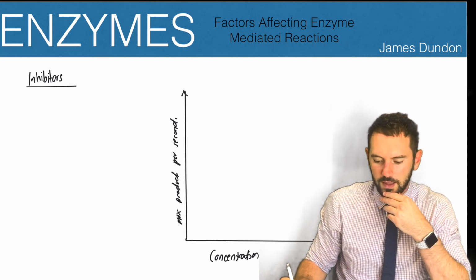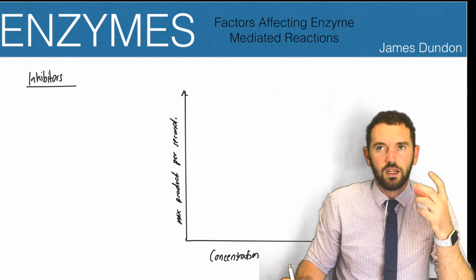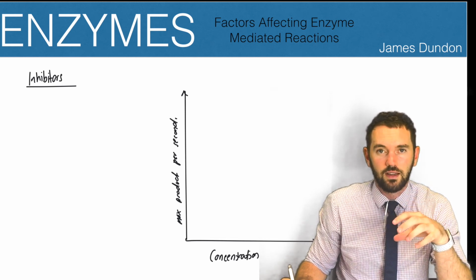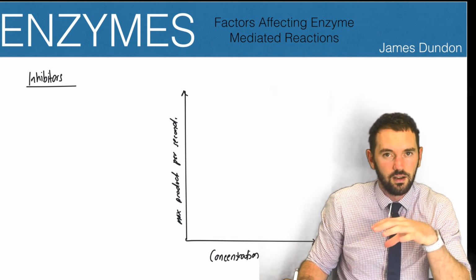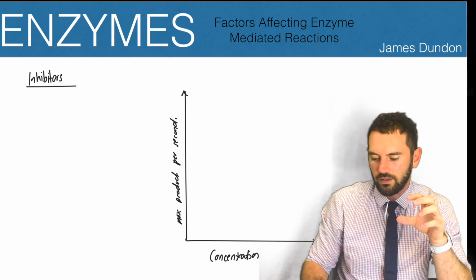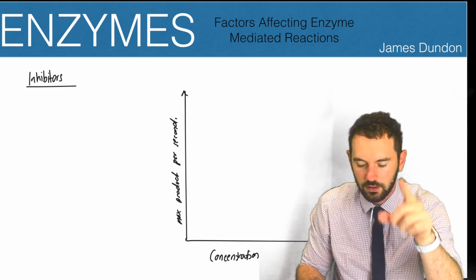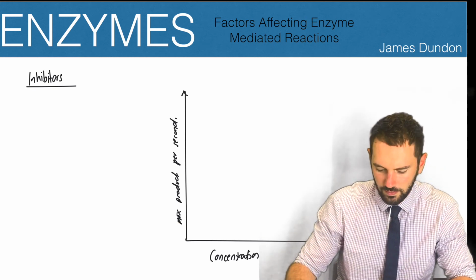The final one, inhibitors. What happens if we start increasing the concentration of inhibitors? Remember, these are things that are going to block the active site and probably occupy the active site and not leave very often because they're not broken down. So have a think about what the graph might look like for those. And pause. Okay, this is what we'd expect to see.